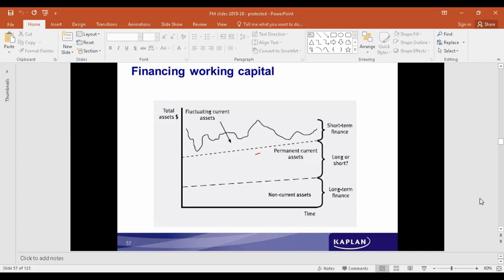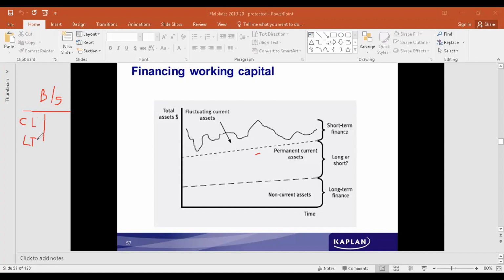Here, financing working capital: if we look into a balance sheet, on the liability side we have the current liabilities, then the long-term liabilities plus the equity, which need not be repaid in a short period of time.